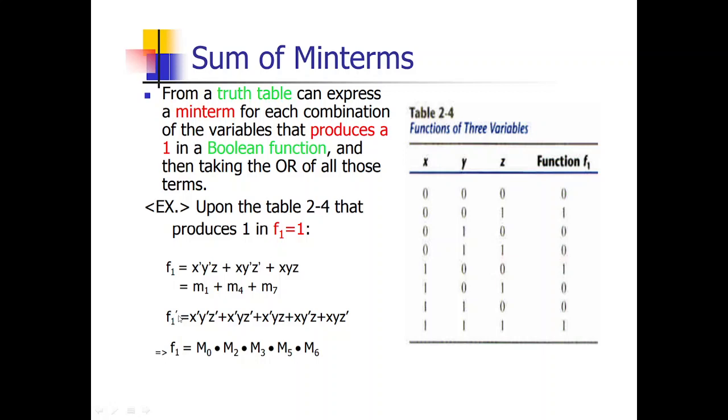We already discussed that if you are representing a Boolean function, it always has to be represented as a true function. We should not consider a complement function. So in order to convert this complement function into a true function, we have to take the complement on both sides.